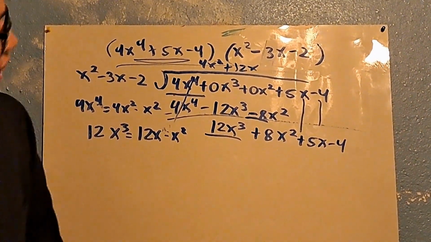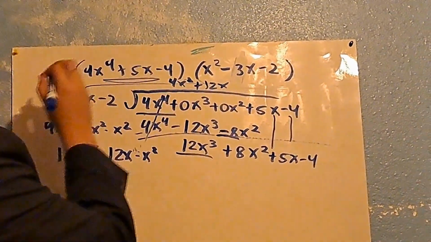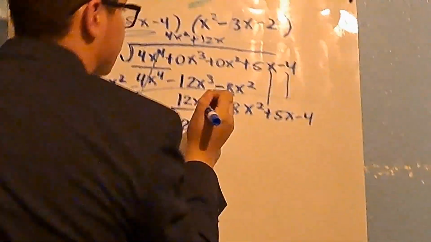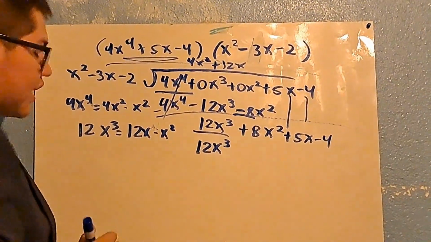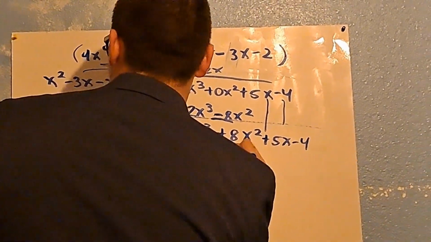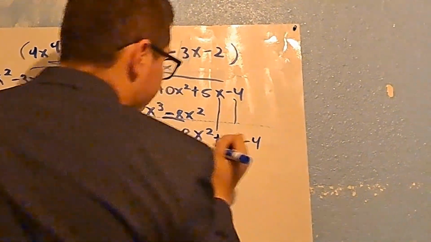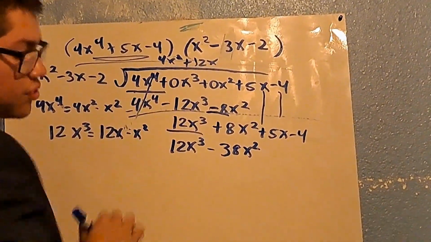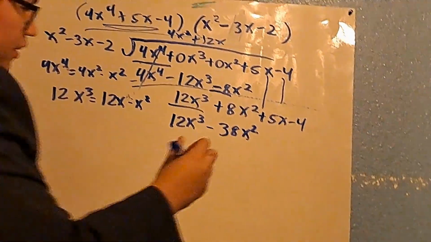And once we do 12x, we know that 12x times x squared will be equal to 12x cubed. 12x times negative 3x would equal negative 36x squared.